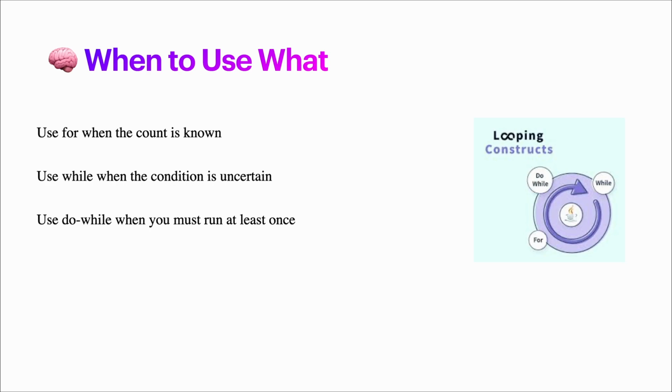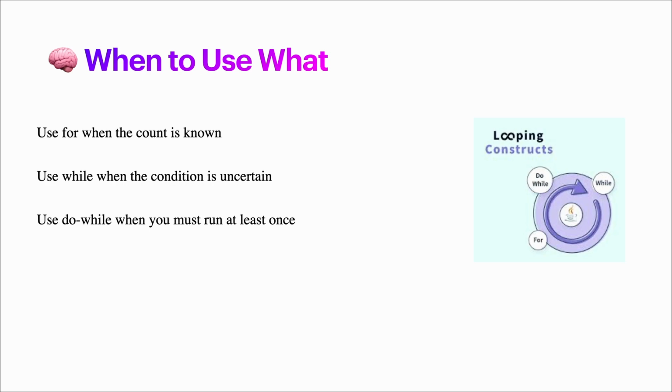We use the while loop when the condition is uncertain. If I ask you to print 10 tomatoes to your console, under what condition? The condition is not certain. You could use the while loop if I told you to print tomatoes while you're working.